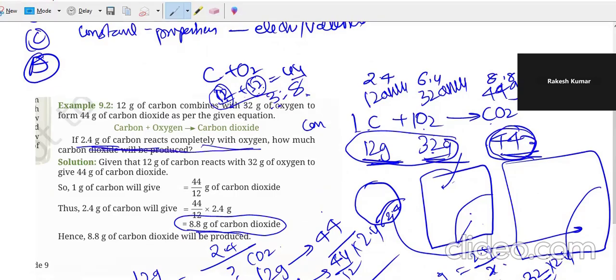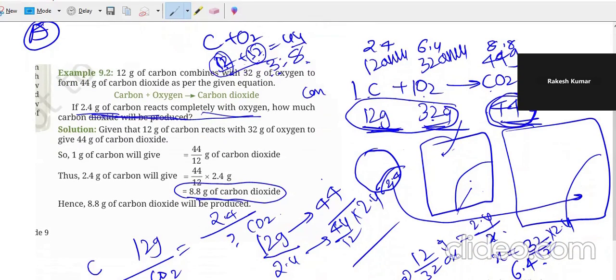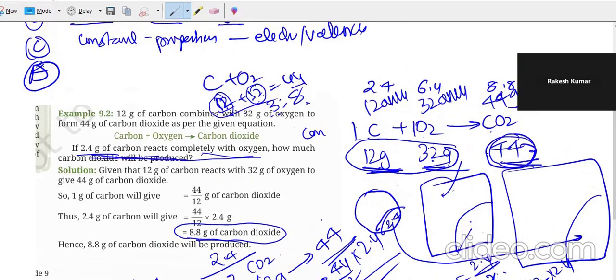It will be in the same ratio because the ratio is set by electrons. So 12 gram gives 44, 2.4 will give 8.8. And if 12 gram is reacting with 32 oxygen, how much oxygen will 2.4 react with? 6.4 gram.